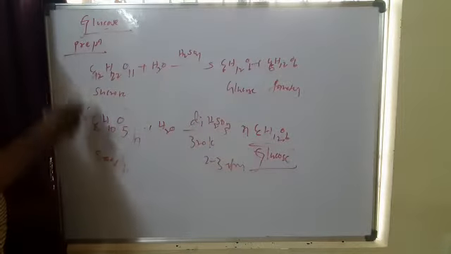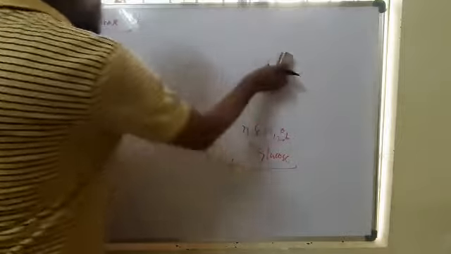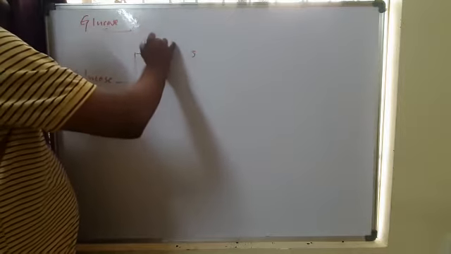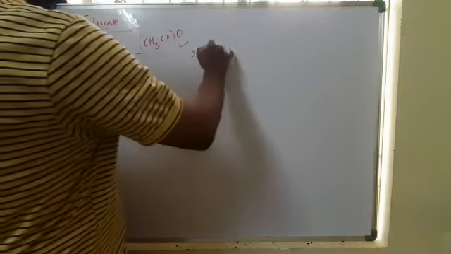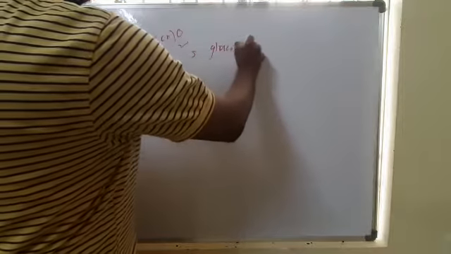Now let's discuss the structural elucidation, how the glucose structure can be given, through some important reactions. When glucose reacts with acetic anhydride, (CH3CO)2O, it gives glucose pentaacetate.